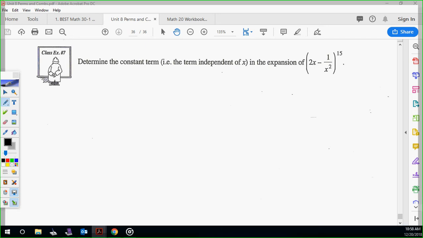All right, so let's go through first. x equals 2x, my first term. y is negative 1 over x squared. You could think of that as negative x to the negative 2. We don't know k, and n is 15, because the 15 is at the end of the top there.